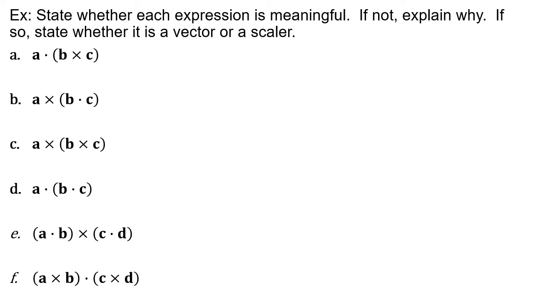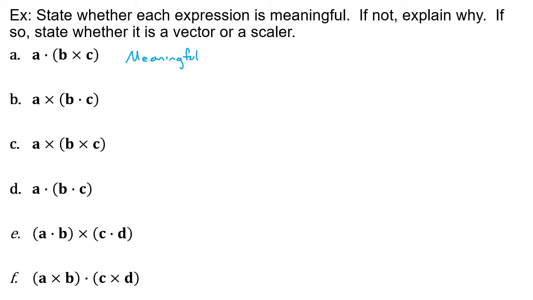Okay, we did a meaningful versus useless thing before in the last section, so I thought I'd do the same sort of thing in this section. For instance, if I did A dot B cross C, that is something we could actually get something out of. The cross product is a vector, and I can dot a vector with another vector. So this one is good. This is a meaningful expression.